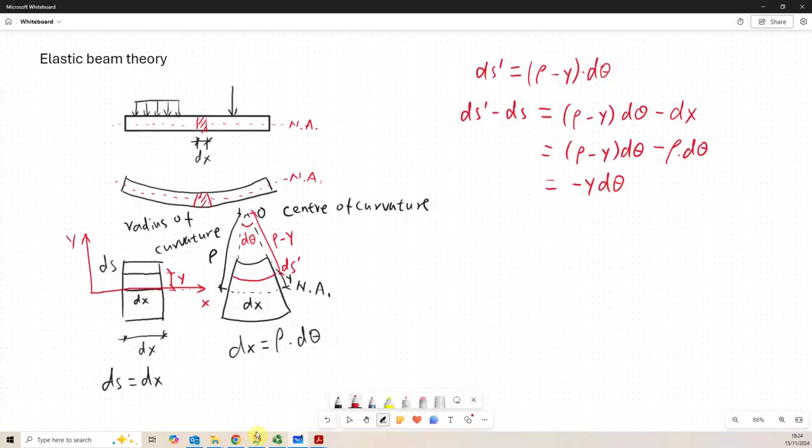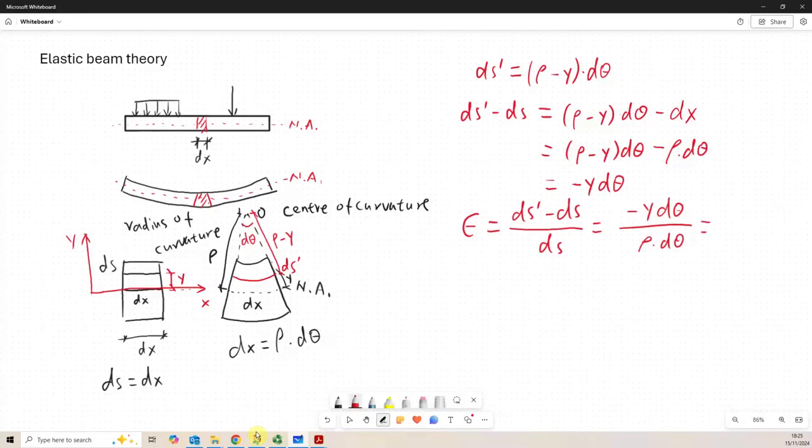Based on this change, we can derive the strain. As we know, the strain epsilon is equal to the difference between the deformed shape and undeformed shape, ds prime minus ds, over ds. Plugging in, this is minus y d theta over ds. ds is equal to dx, which is rho d theta.